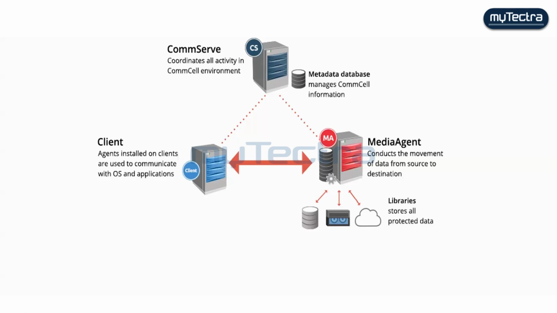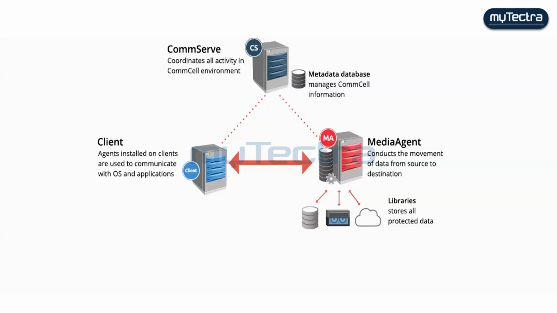We can't say that all servers can act as a ComServe server. The ComServe server has certain requirements and limitations. Only if those requirements are met can we make that server act as a ComServe server, and we need to follow a few steps before installing it. I will show those installation and requirement steps in the upcoming slides.